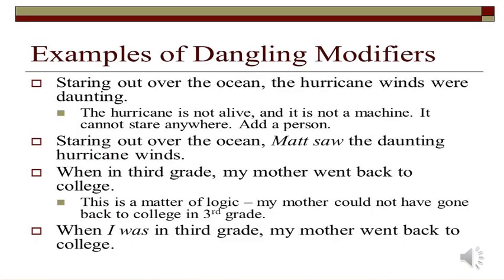More examples of dangling modifiers. Let's read the first sentence. Staring out over the ocean, the hurricane winds were daunting. In order to avoid the dangling modifier here, we should add a person in the main clause, because the hurricane is not alive and it is not a machine.